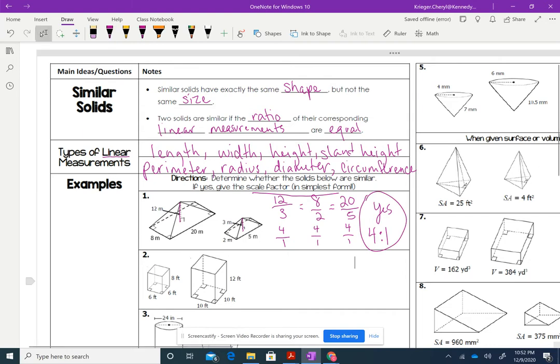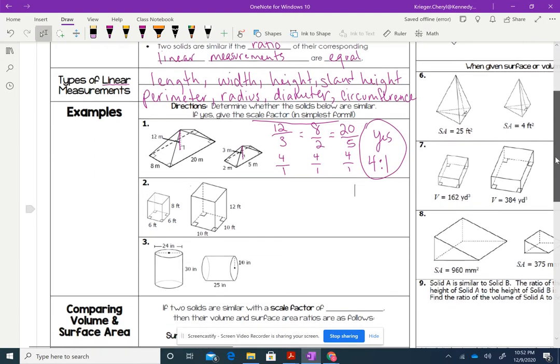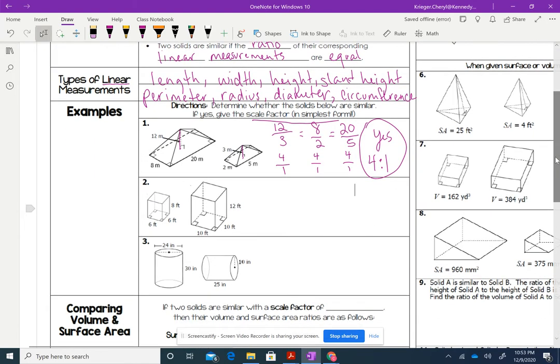Okay, so I'll do another one of these with you. Number 2, we will compare the smaller 6-foot width to 10. The length is 6 to 10, and the height is 8 to 12. Right, so this would be 3/5, and 2/3.